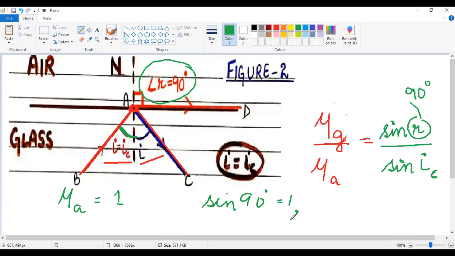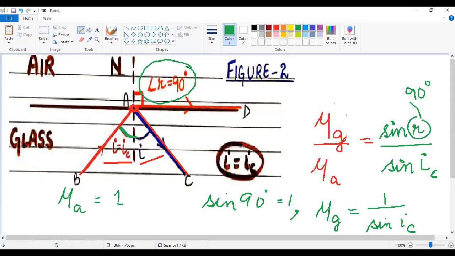Hence, we will find that refractive index of glass is equal to 1 divided by sine of critical angle.